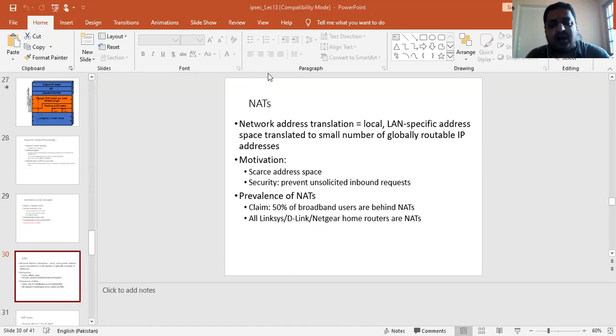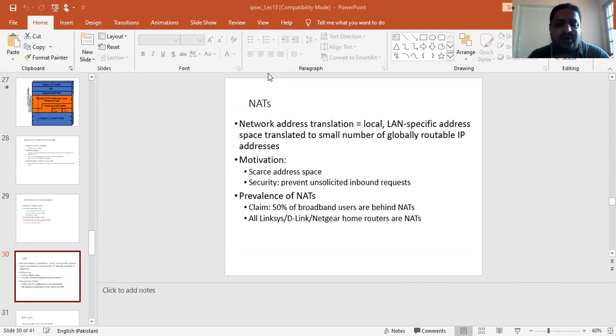And if we want to send the data to another system which is in another network, then we need to use a public IP address.